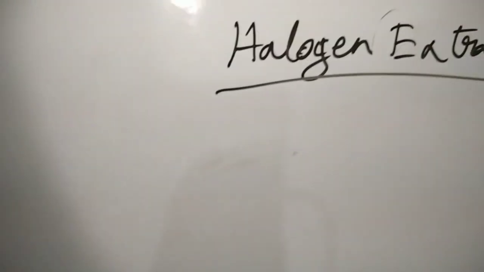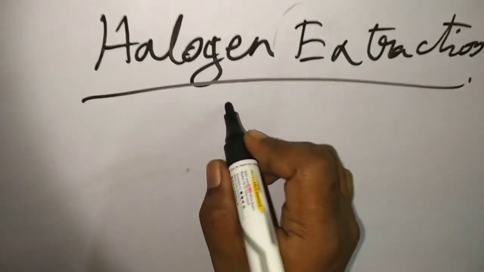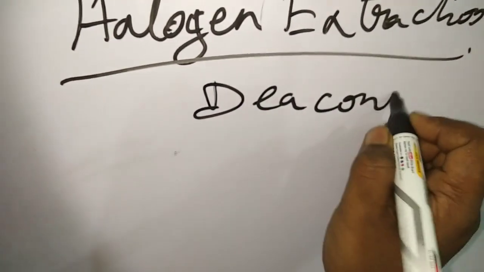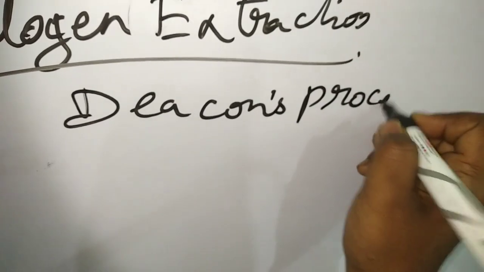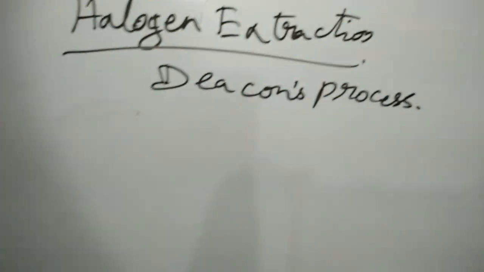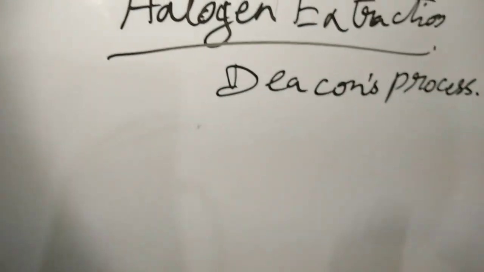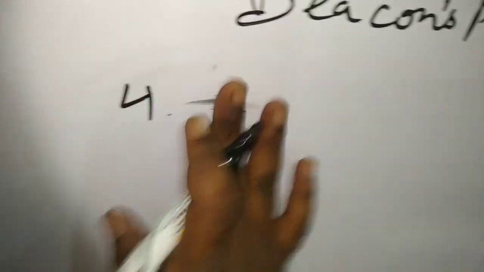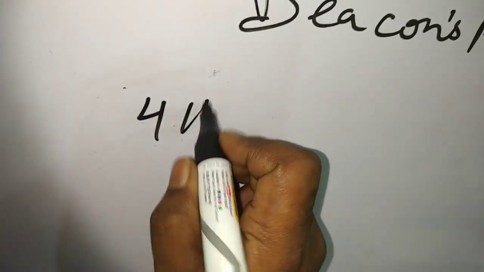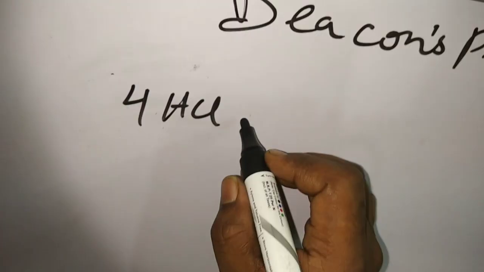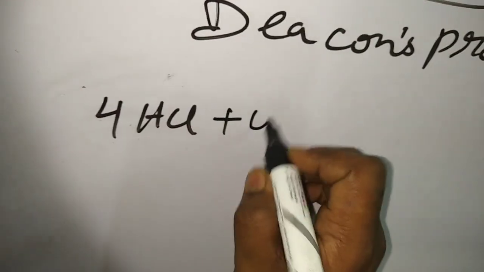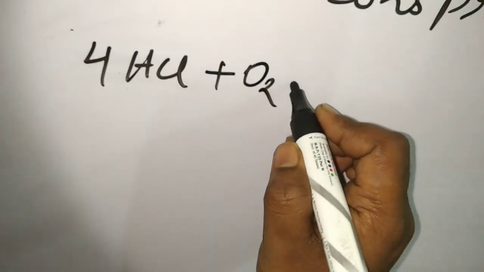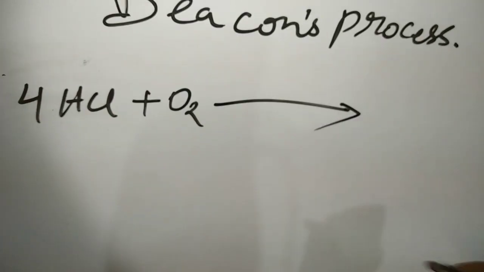A process is there that is used in industry, that is Deacon's process. What is Deacon's process? Let me show you with the help of an example. Okay students, this is the reactant: HCl plus O2. Now here is the main funda.